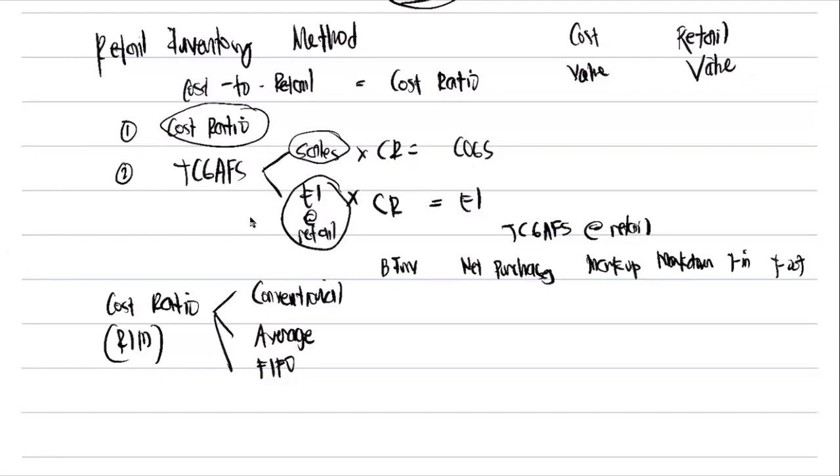Next, we have your markup. Your markup is the amount of your increase on your standard selling price or your suggested retail price. So what is this markup? Initially, we have cost and then we have your retail. Your retail is your SRP.